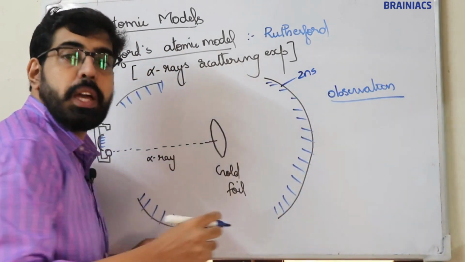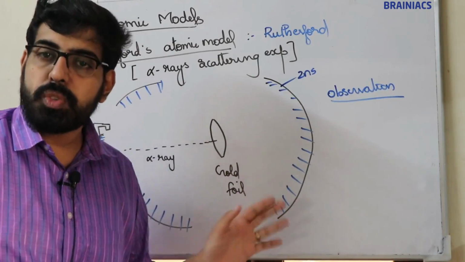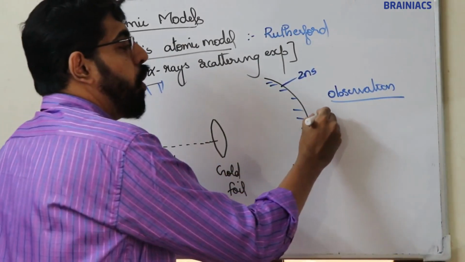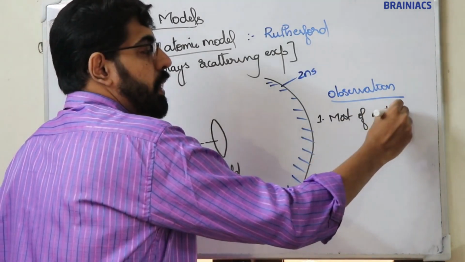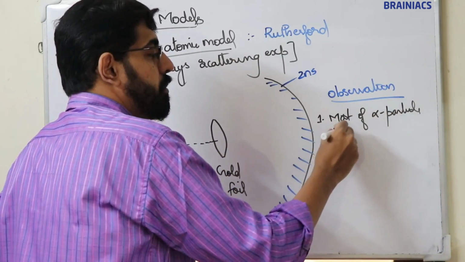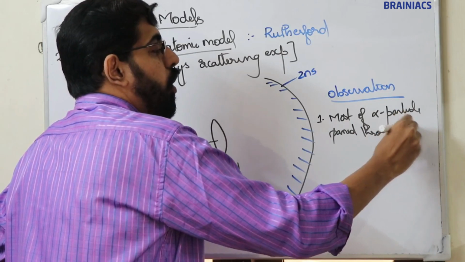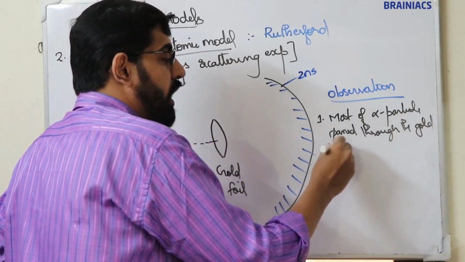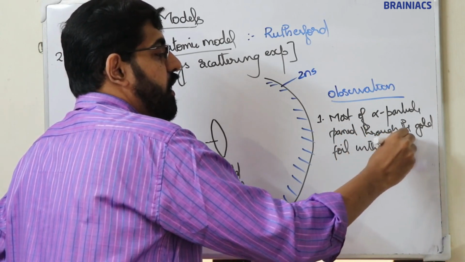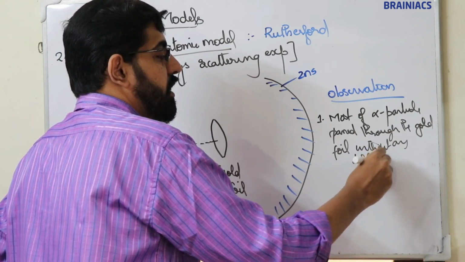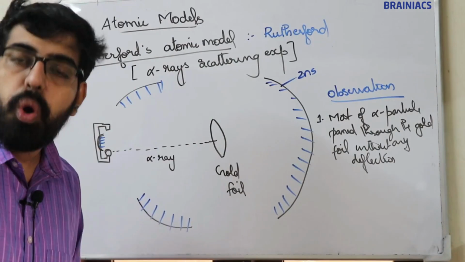His first observation was that most of the alpha particles passed through the gold foil without any deflection.